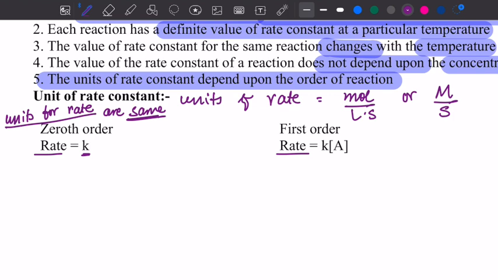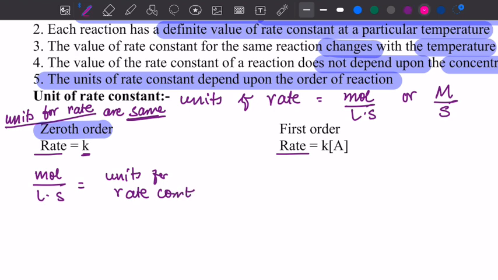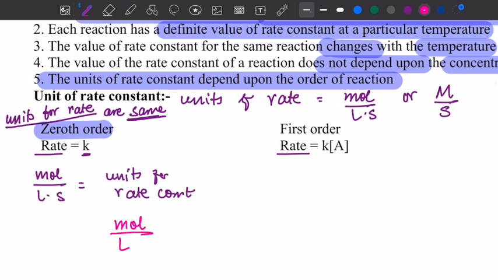So if the reaction is of the zeroth order, the units for rate are still moles per liter per second. And in order for both sides of the equation to balance, the units for rate constant would also have to be moles per liter per second. Now, what happens when we look at a first order reaction?